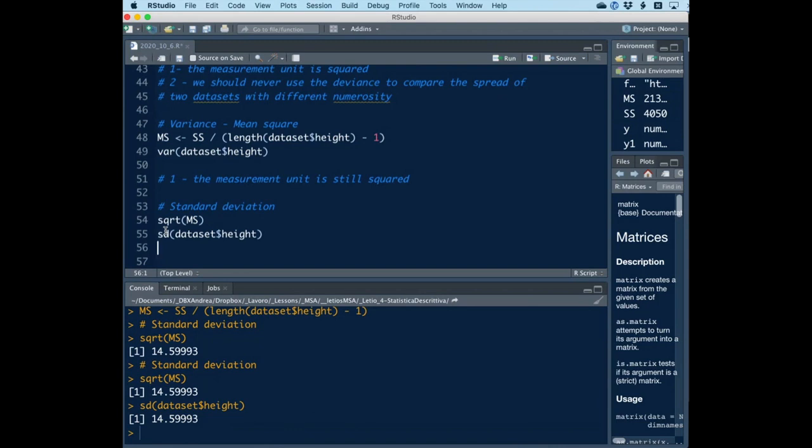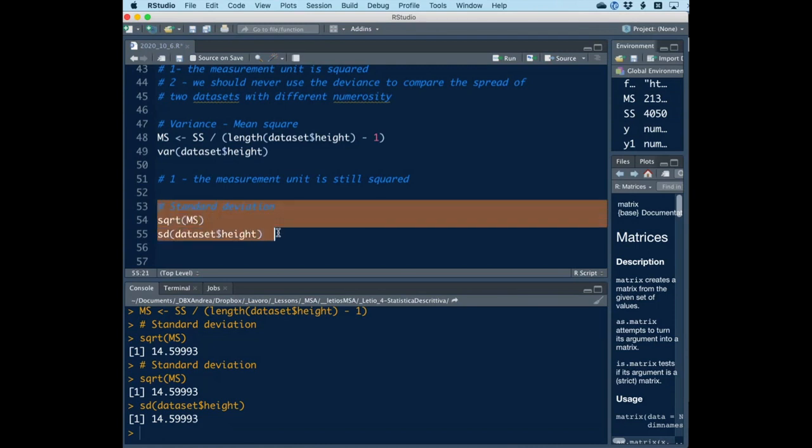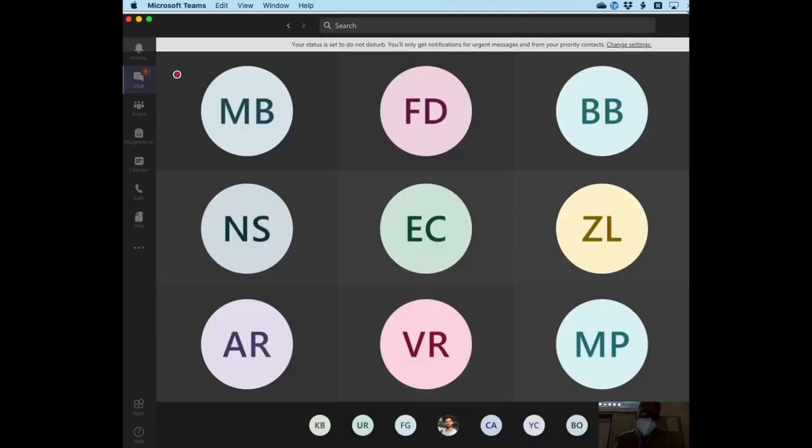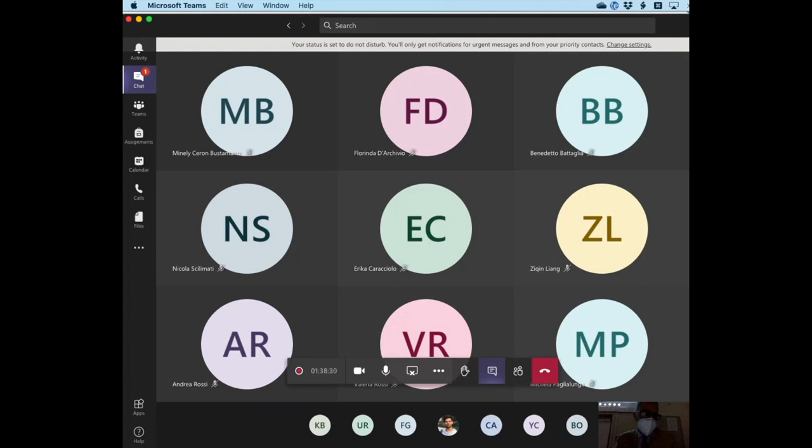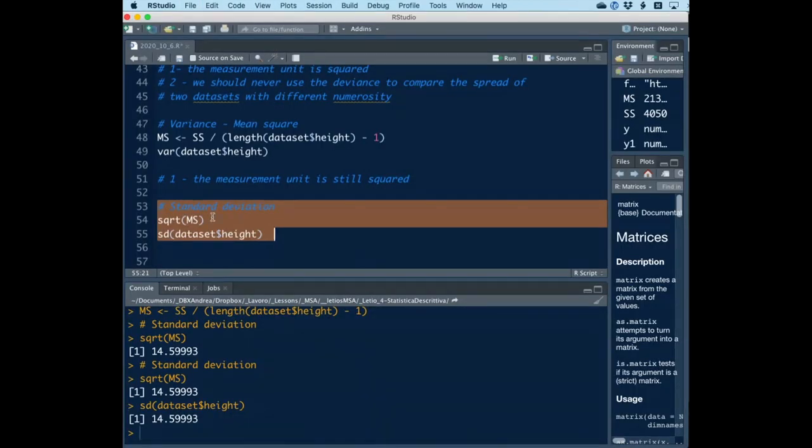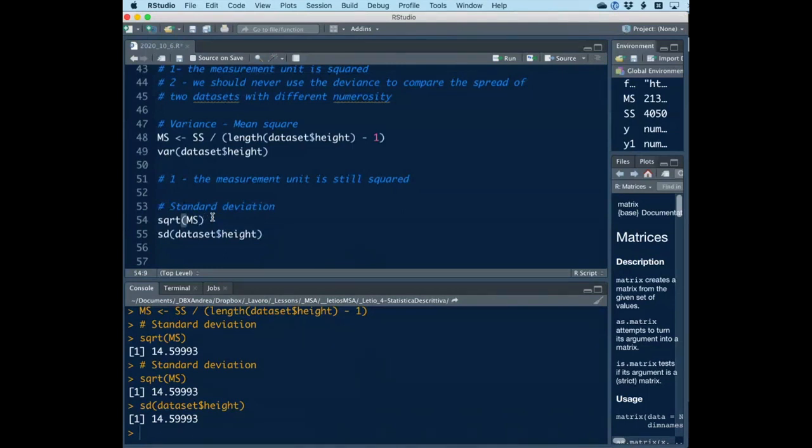See, it is totally the same. Now we have solved both our problems. Because we now have a measure of spread which we can use to compare samples, populations or data sets characterized by a different number of values. And the measurement unit is in centimeters, which is what we wanted.